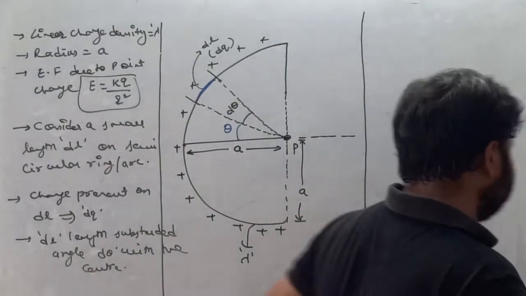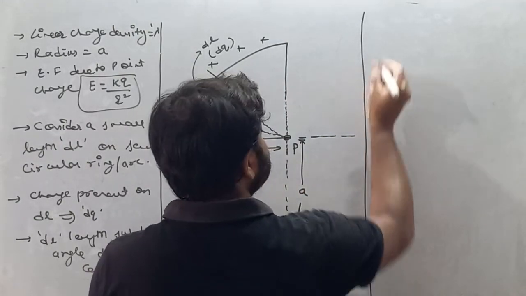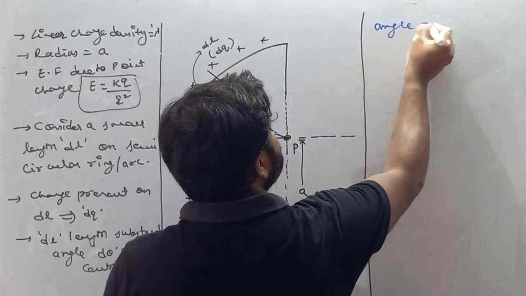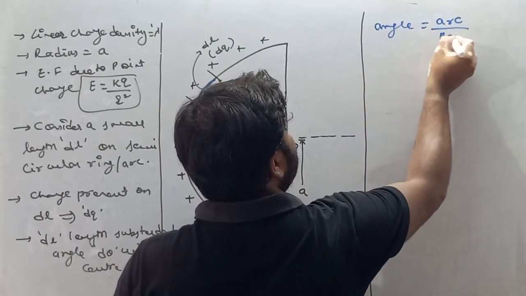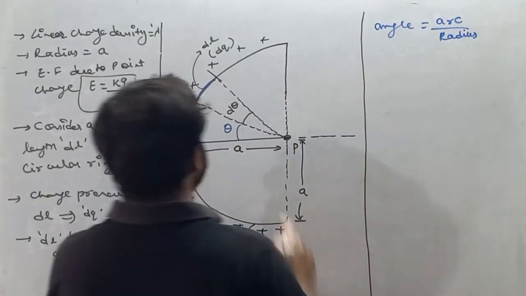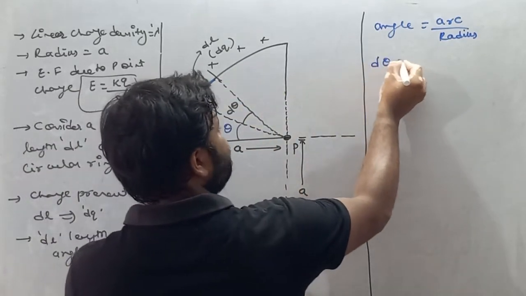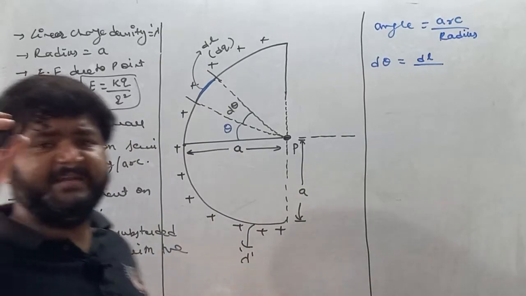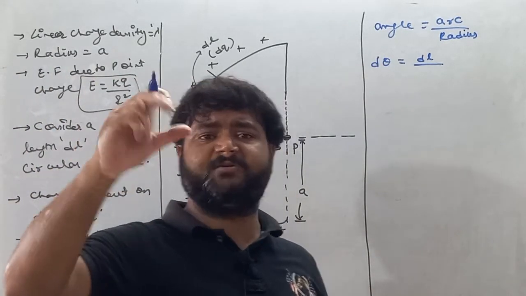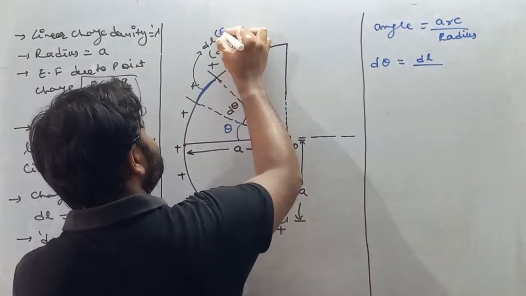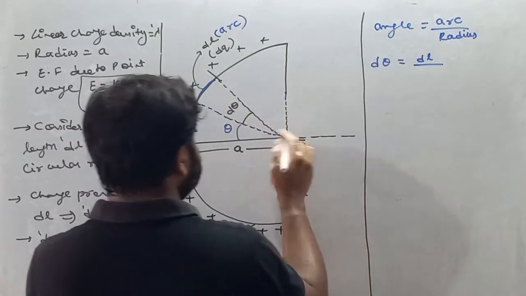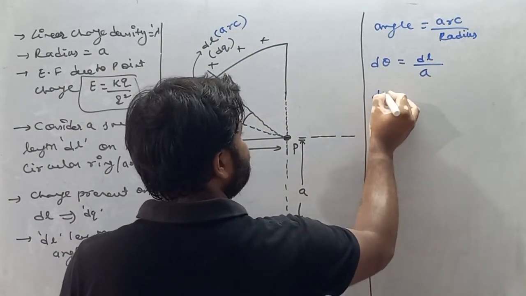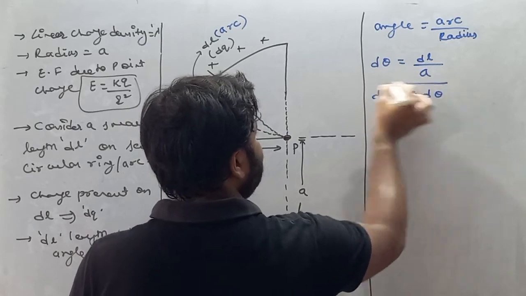Now see, we know the formula: angle is equal to arc by radius. So here angle is d theta, arc is dl. We know that any part of a circle is called an arc. So this dl is basically an arc, and radius is a. So dl here will be a d theta.